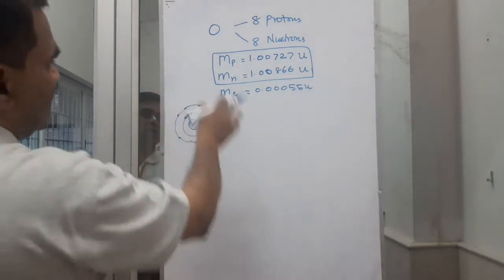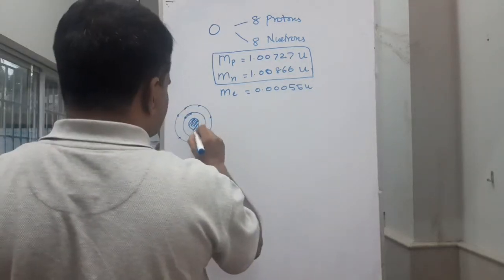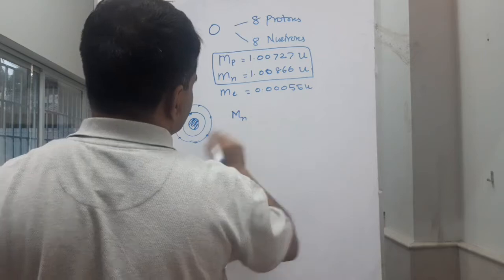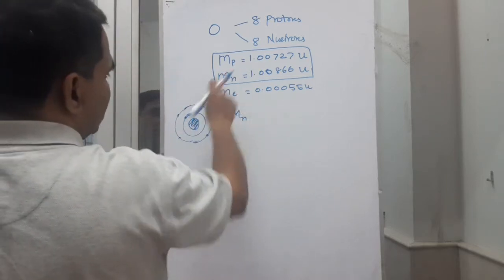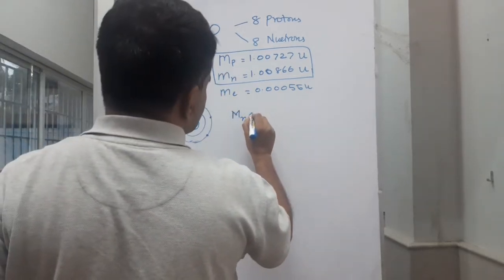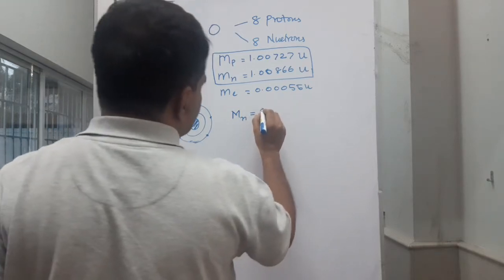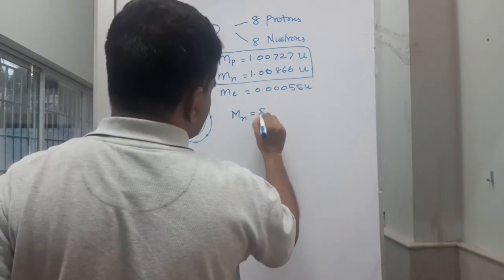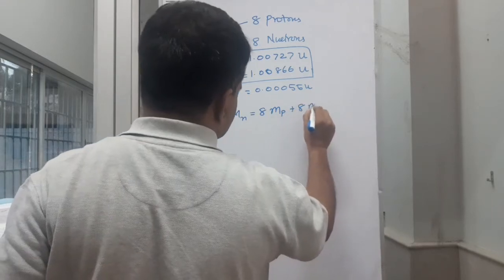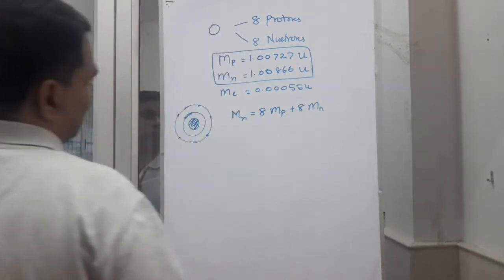So the expected mass of the nucleus alone. The mass of the nucleus is called capital M subscript N. This is the mass of the neutron, but this is the mass of the nucleus. And this is equal to 8 times the mass of the proton plus 8 times the mass of the neutron.